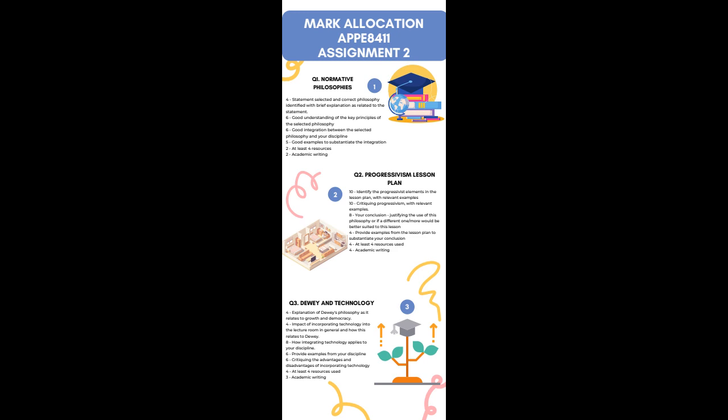Like maybe you want to say the role play is part of the lesson plan, but that's not really something that fits into progressivism, or maybe there's a part of Socratic questioning, where they're questioning, that doesn't really fit in with progressivism. So whatever, again, not a lot. If you find 3 or 4 examples and you critique them, substantiating information from the lesson plan, then that'll give you your 10 marks.